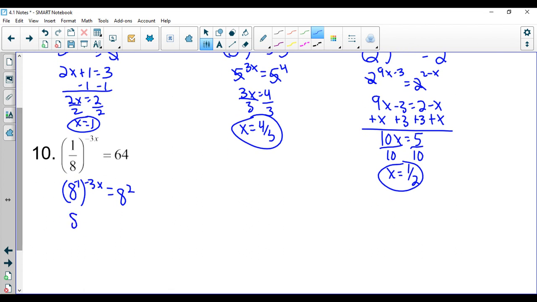Multiply my exponents here. That would give me 8 to the positive 3x power. Our bases are now the same, so they would cancel out. 3x equals 2. And when we divide by 3, we would get x equals 2/3. So that's how we go about solving exponential equations using our equal base method.